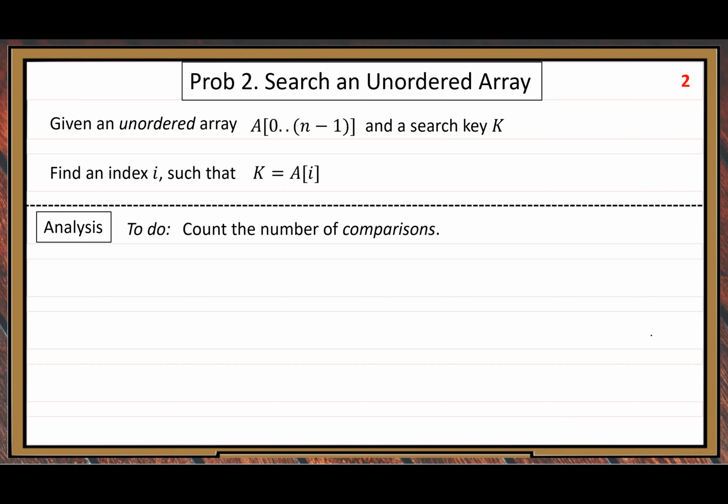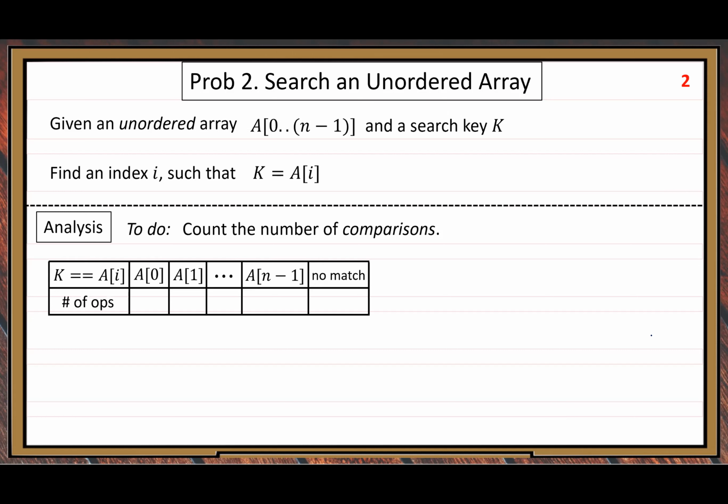Now, for the efficiency analysis, let us count the number of comparisons as a stable measure of efficiency. Let us do the chart here. Let us consider all the possible cases for the comparisons.